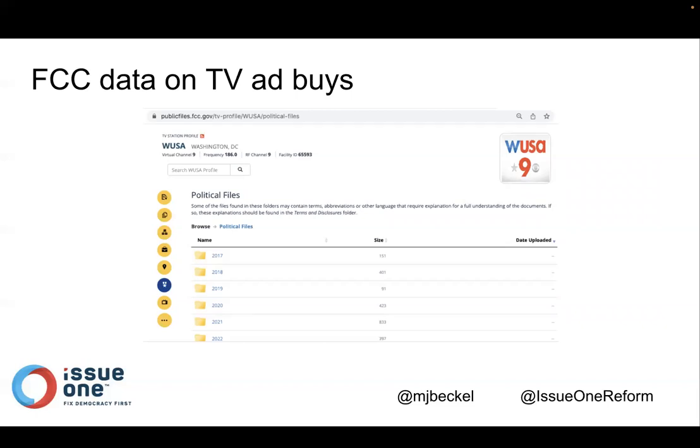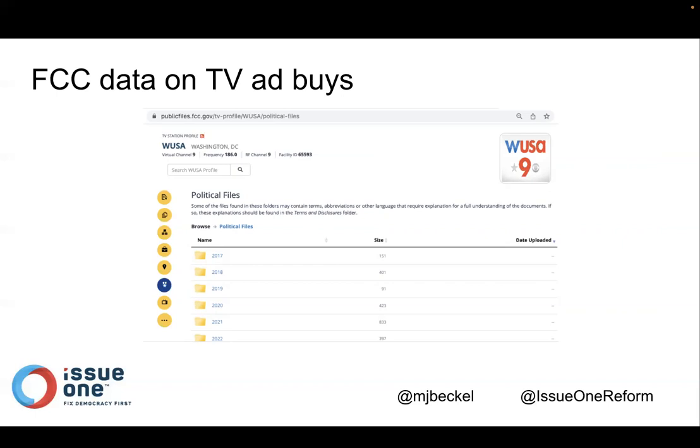The FCC has a database where you can monitor TV ad buys, see TV reservations, sometimes weeks or months in advance, all of the contracts, all of the flight dates, which shows who is trying to advertise and what types of demographics a group is trying to reach.